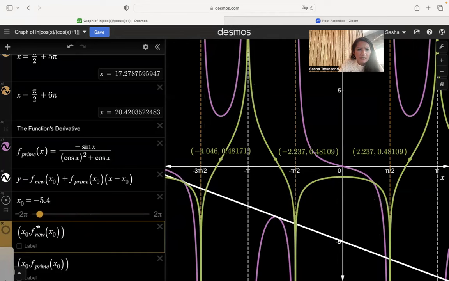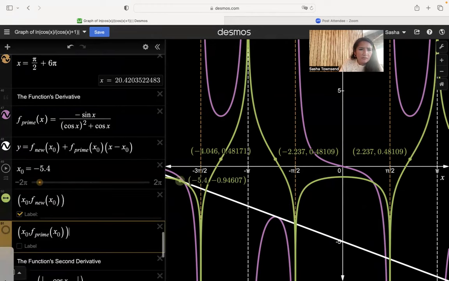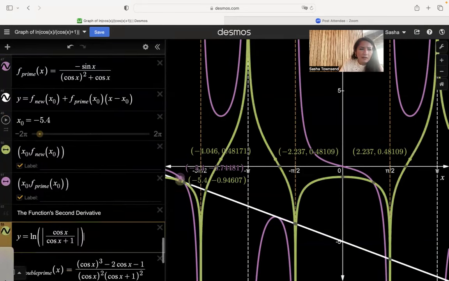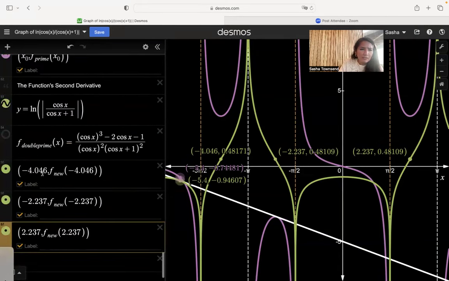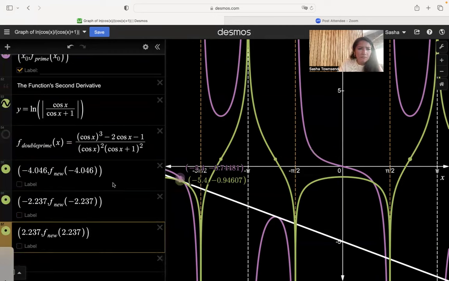So if we look at our tangent lines, and we look at the value of that first derivative, I think I want to get rid of those labels on the points of inflection. I want to keep the points, so I just don't want to label them.